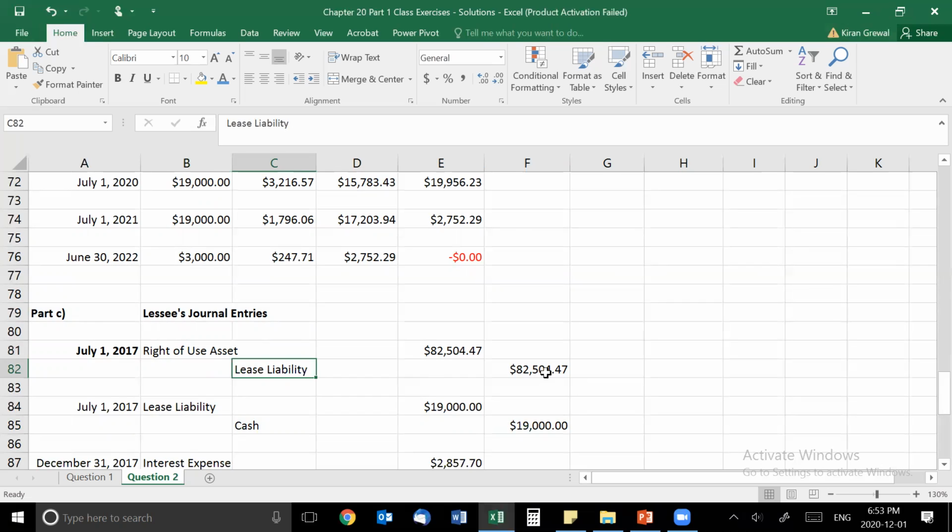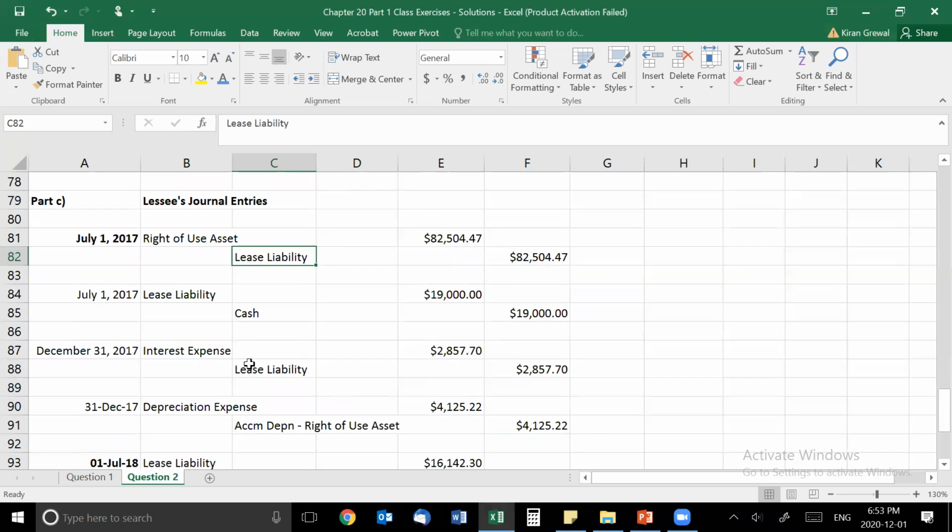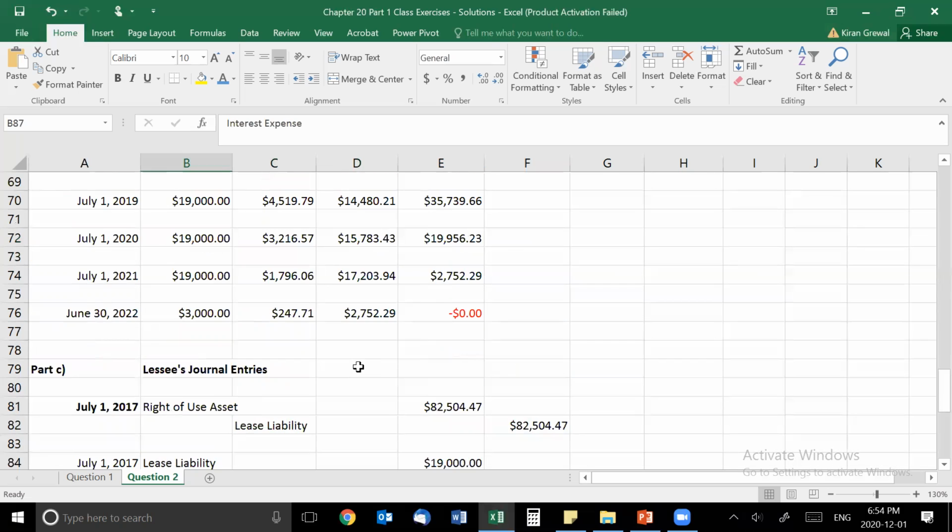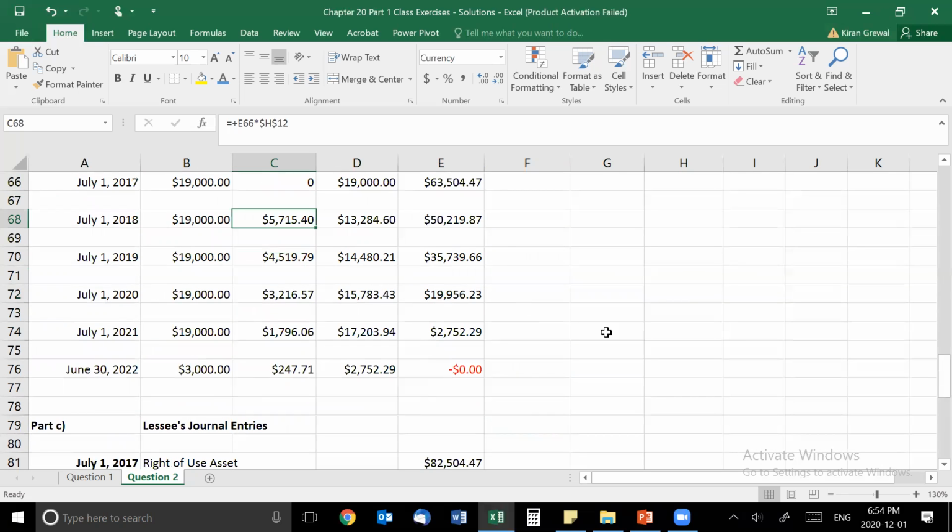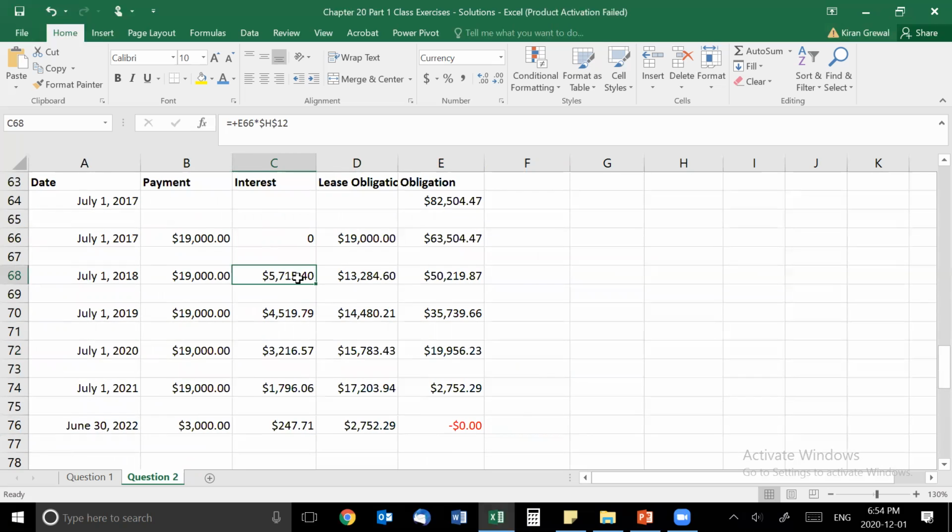At the end of December, we have 2 journal entries, one for interest, one for depreciation. This interest entry isn't going to be as simple as just picking up the 57.15 from our amortization table, because this is from going from July 1st, 2017 to July 1st, 2018.